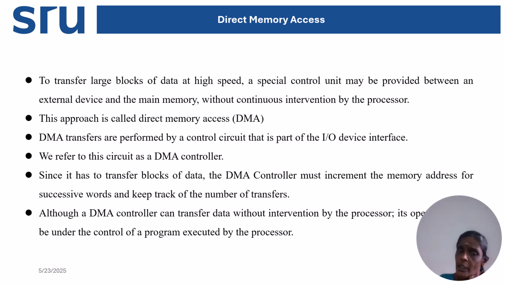Although the DMA controller can transfer data without intervention by the processor, its operation is under the control of a program executed by the processor. So, everything is under the control of the control circuit only. How much data should be transferred, to and from the processor, to and from the memory device, I mean external devices, everything is under the control of the control circuit.